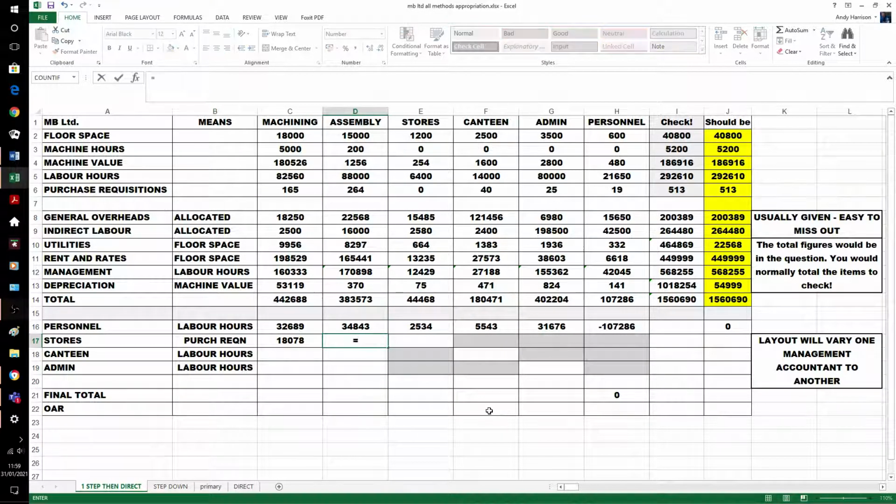And then this will be D6. So same, apart from being D6, and the same here.